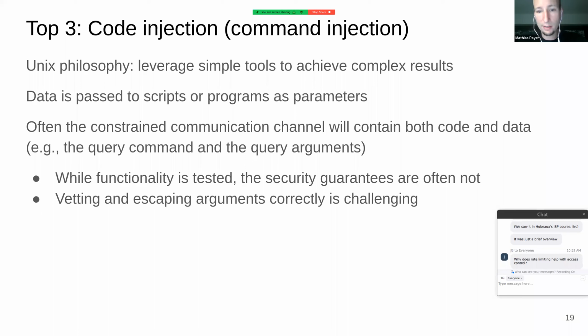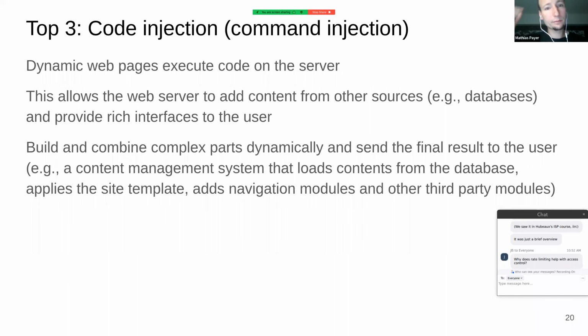While functionality is tested, the security guarantees are often not. So you need to make sure that you cannot escape this limited shell. And so you need to make sure that all your arguments are correctly escaped, embedded, and that they cannot be exposed or leaked.